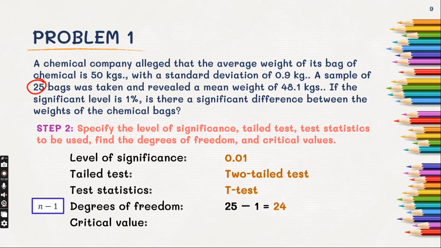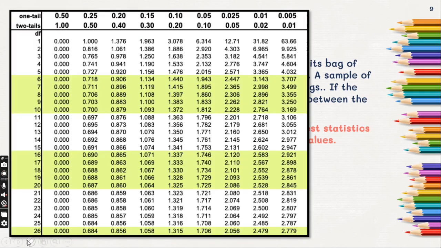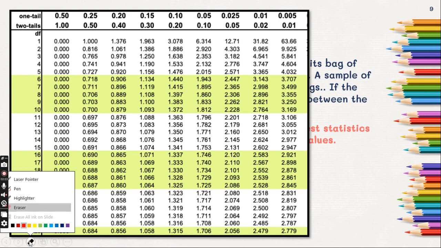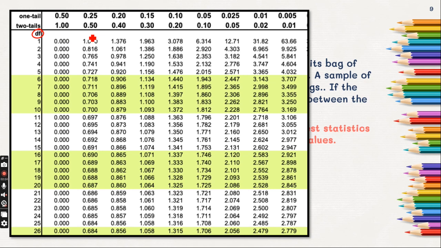Now for our critical value, based on the table, DF here stands for degrees of freedom. On the upper side, we have the one tail or two tails.